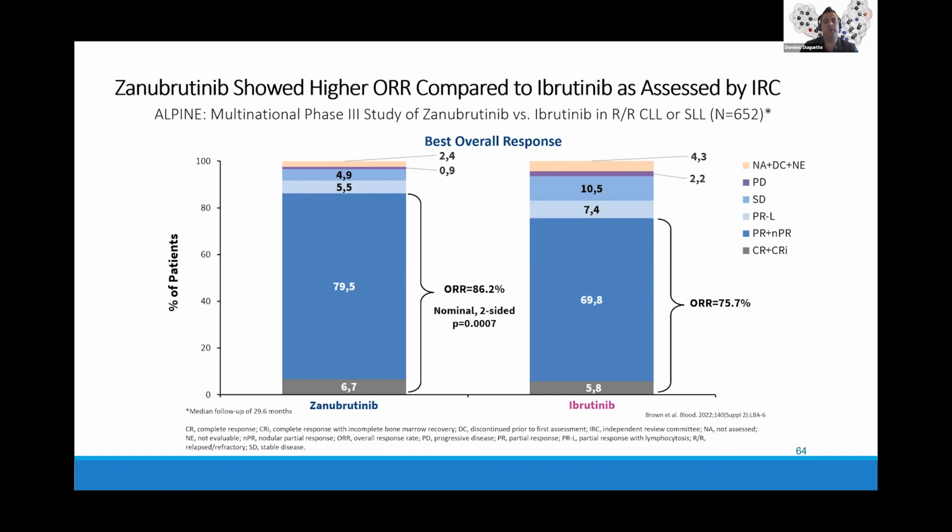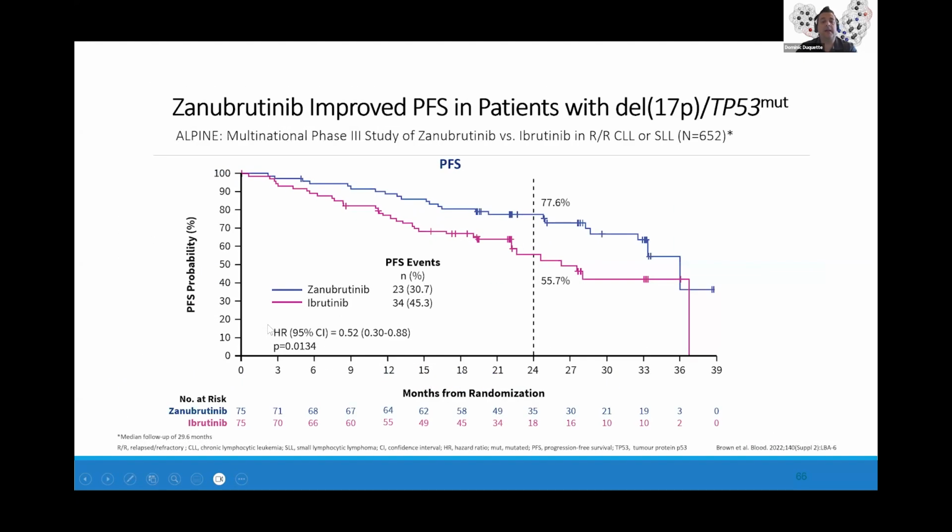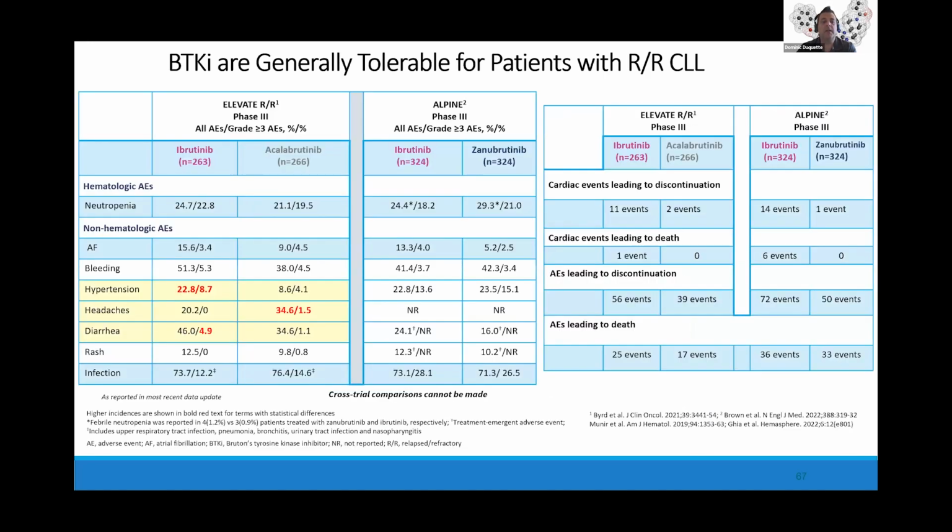Zanubrutinib was better with 86% instead of 75%, and it did translate into an advantage in PFS: 79% PFS at 2 years instead of 67%. It was statistically significant, and even more so for 17p patients or TP53 mutations. The difference was larger in this subset.